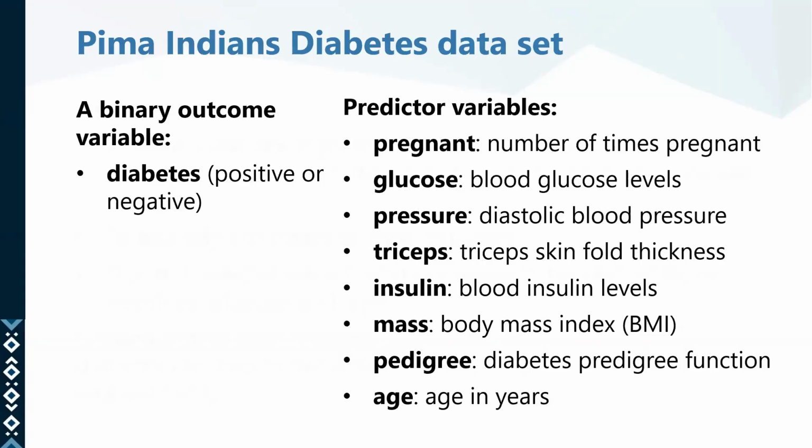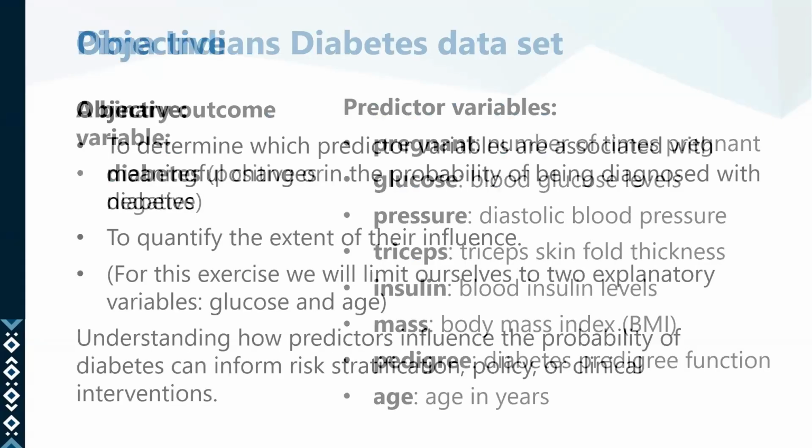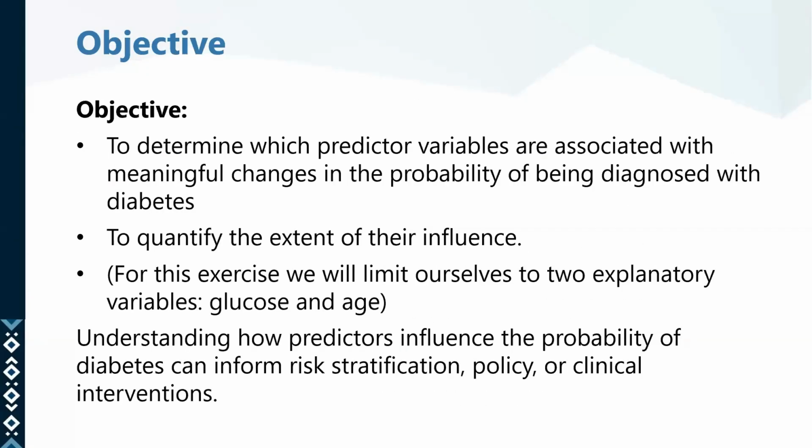Okay, so the objective that we have here is to determine which of these predictor variables are associated with meaningful changes in the probability of being diagnosed with diabetes. And we'll go ahead to quantify the extent of the influence of these explanatory variables on the outcome variable, which is diabetes.